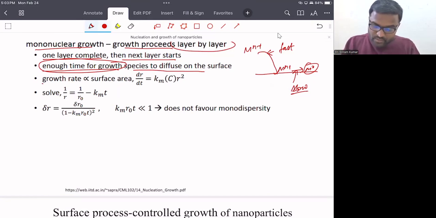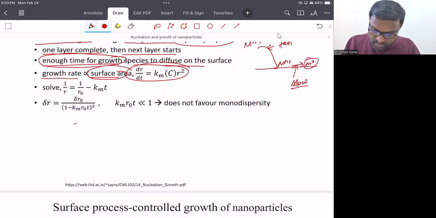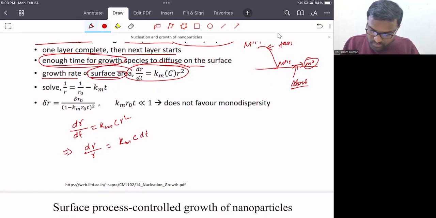And in this case, the growth rate depends on the surface area. The rate for that growth process, we can write this way: dr/dt is equal to km c r squared. And if you just solve this, dr by r squared is equal to km c dt, from r0 to r and 0 to t, we will have 1 by r is equal to 1 by r0 minus km c t.